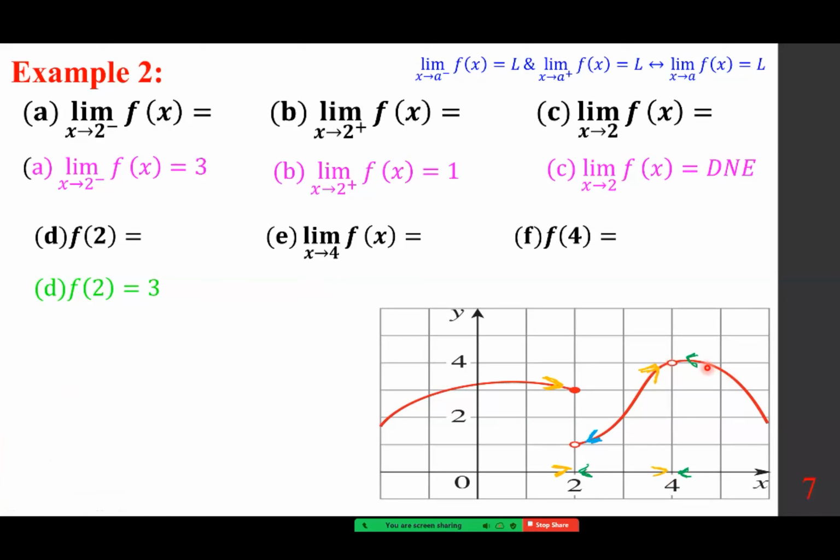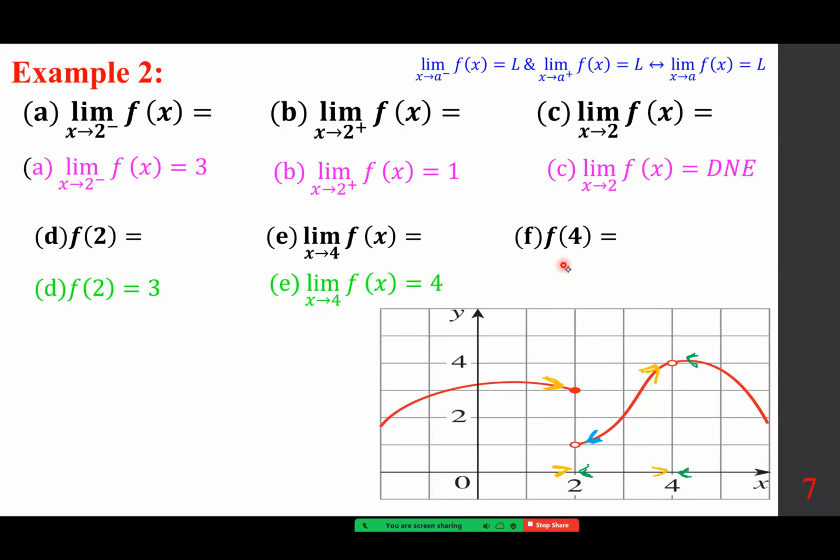From the right side, we are moving this way towards the same hole, and therefore the limit exists, and if you continue, you see the y coordinate of 4. So the limit of f of x as x approaches 4 does exist, and it's equal to 4. So again, left and right of 4 takes us to the same spot, having y coordinate 4.